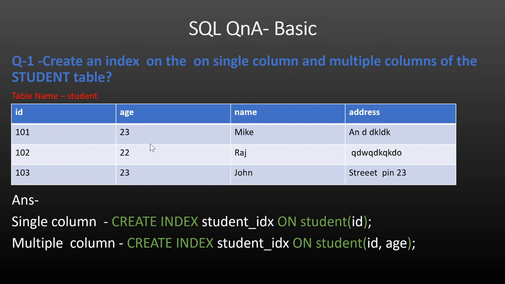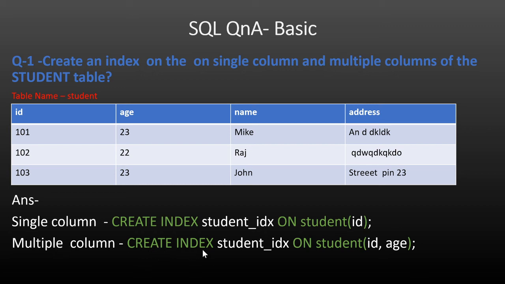Though in most cases this is not the best example. In some cases we use a date plus ID, or there can be other columns which create a combination of unique values. So here, for example, suppose these two columns, ID and age, create a unique key. In that case we can create our index based on both.